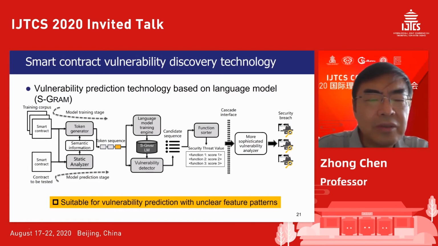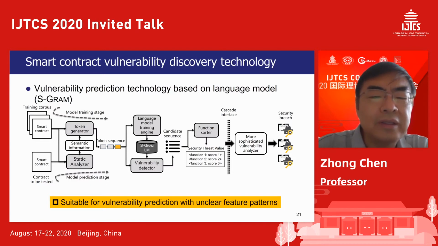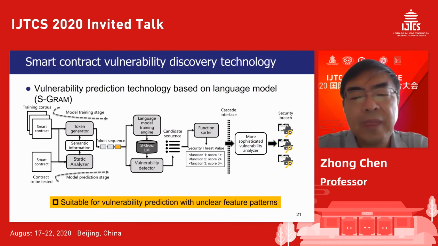There is a training corpus and the contract to be tested. They go through the model training stage and the model prediction stage, through the token generator and the static analyzer, to get the semantic information and the token sequence.